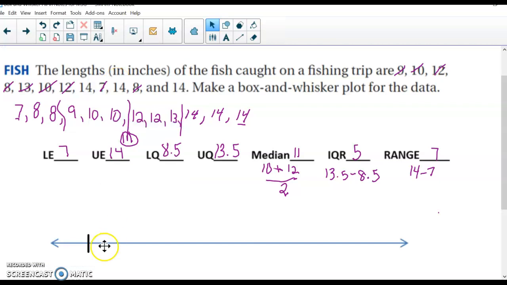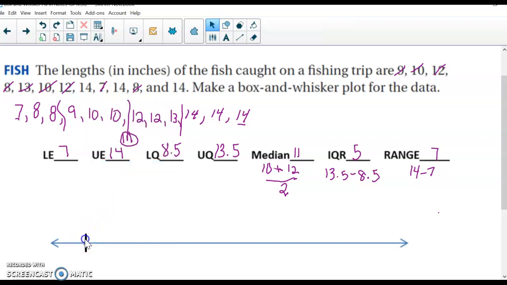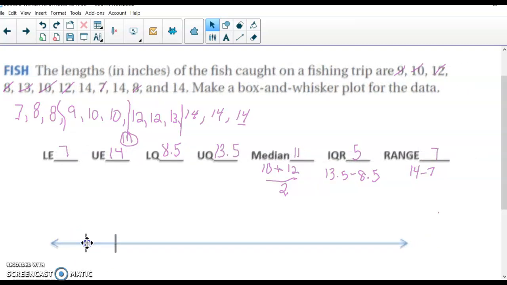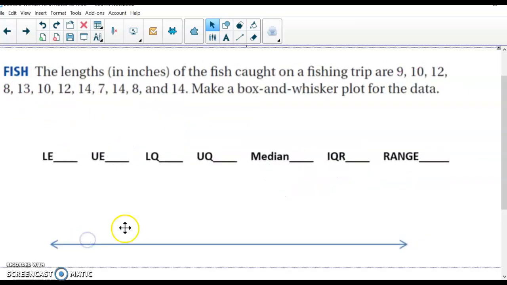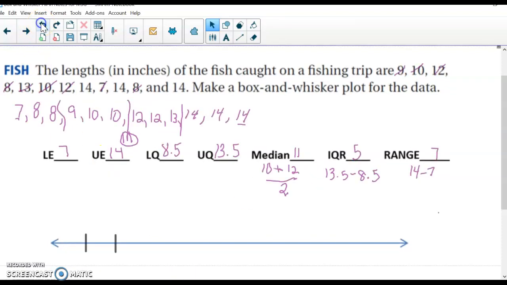I'm going to make an infinite cloner. So 7, 8. Sorry, this is slightly annoying.